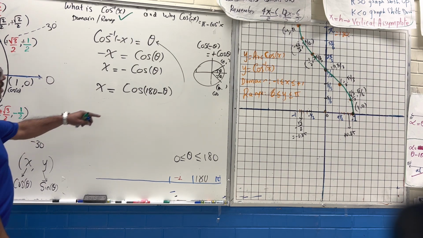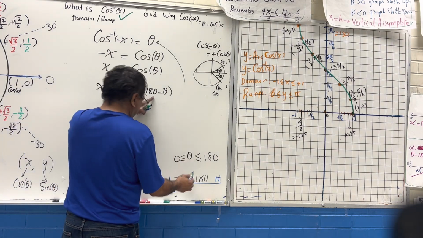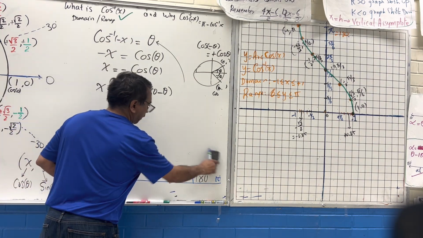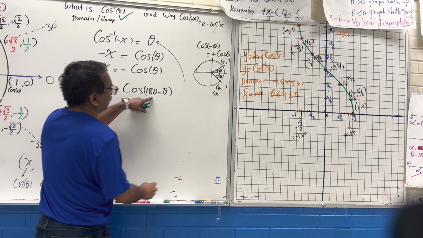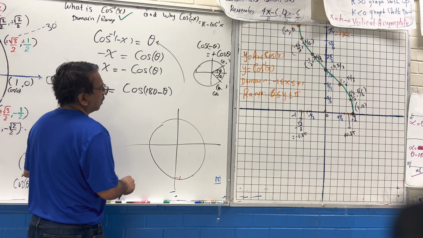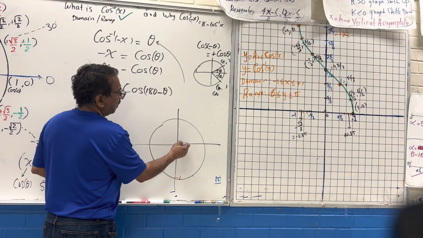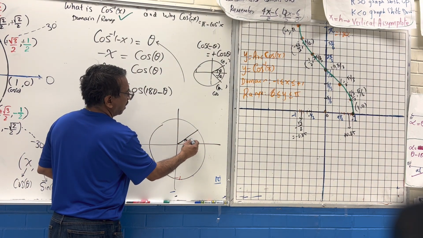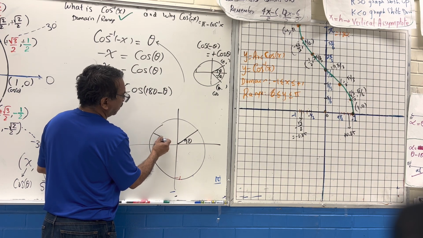That's because if we have an angle, let me show this with the help of a diagram. If this is theta, on the other side this also is theta.